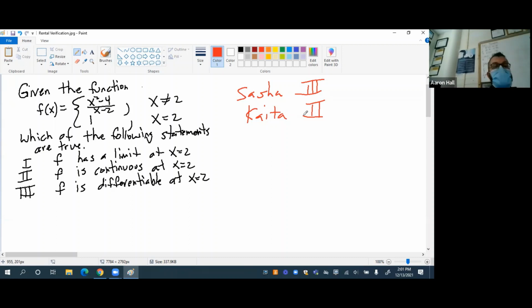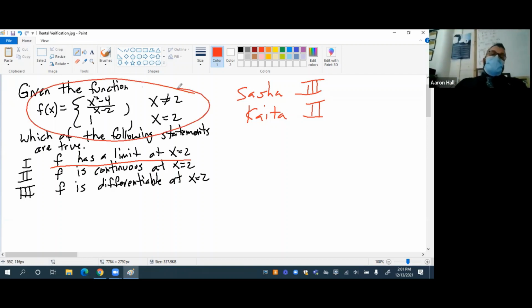Let's look at the first one. First one says f has a limit as x approaches 2. Is there a way that we can use or examine this piecewise to see whether there's a limit when x equals 2, if this is a non-calculator based question?